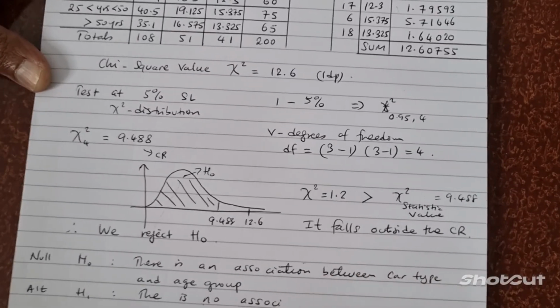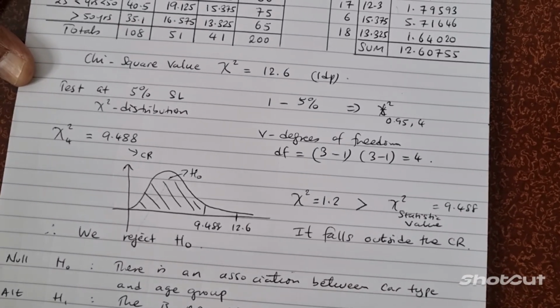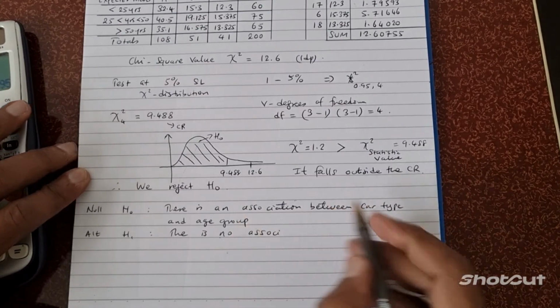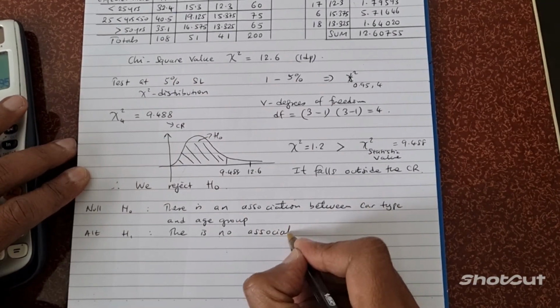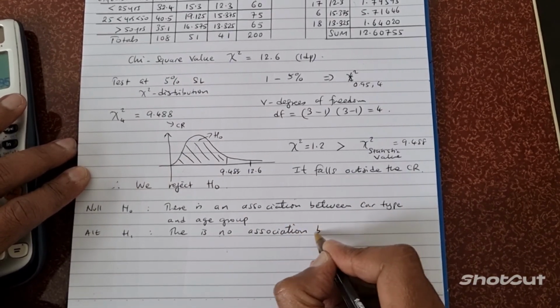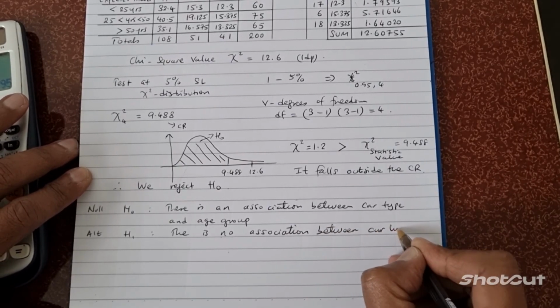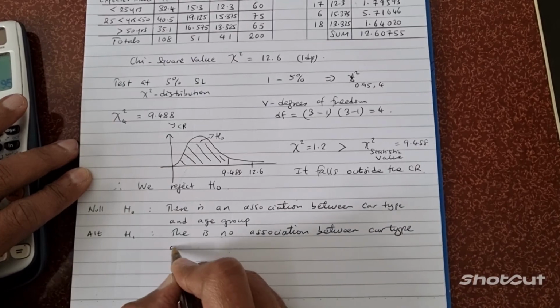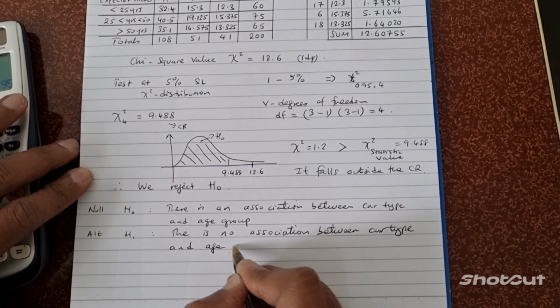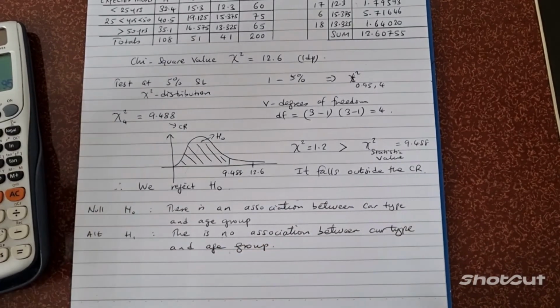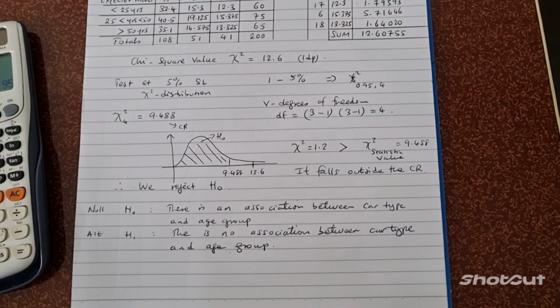Let's write this carefully: no association between car type and age group. So what are we trying to say in context?